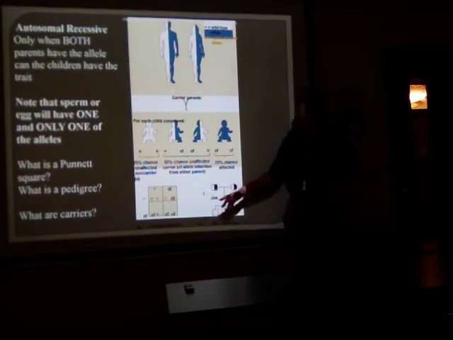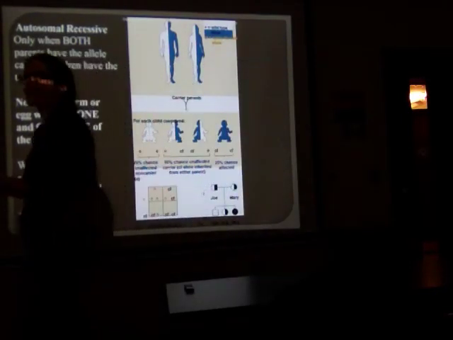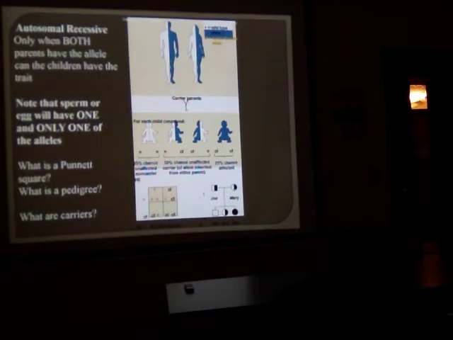Now, I'm not trying to make this sterile. Genetics is not a fun thing when we talk about diseases, but it's a very important exercise to do. So all this just reminds you again, for autosomal recessive, both parents have to have a recessive allele. I often say this to students, it's just logic or common sense.